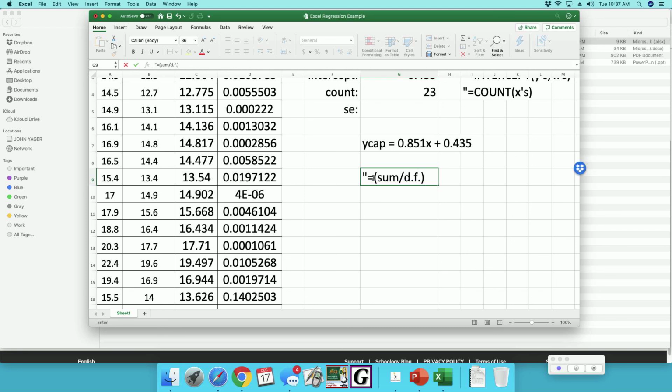And then we're going to square root it, so we're going to raise it to the 0.5 power. 0.5 is actually square rooting something. So this is our formula for standard error.